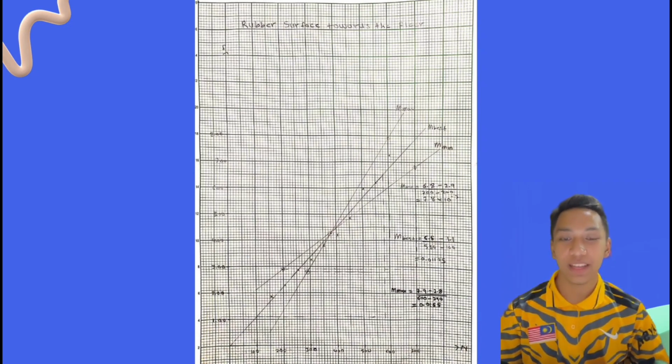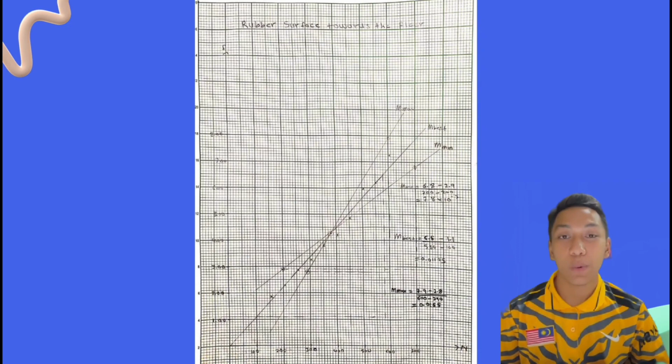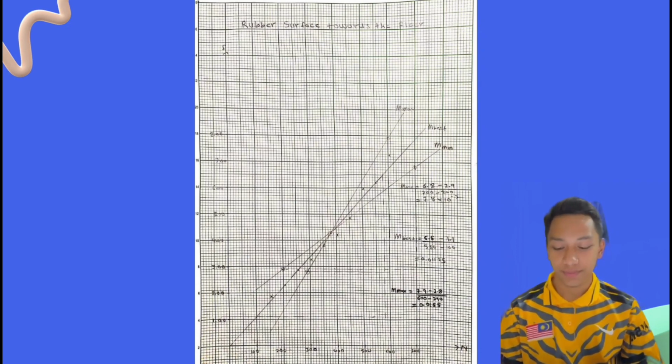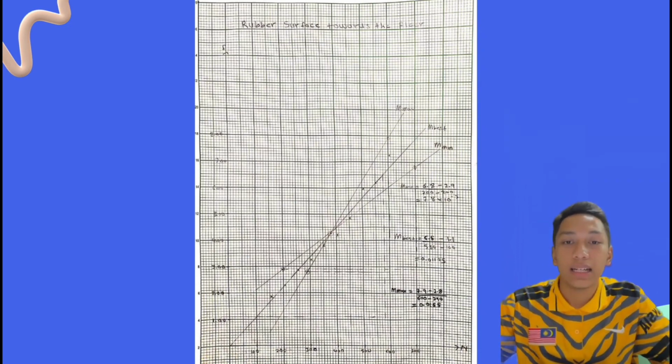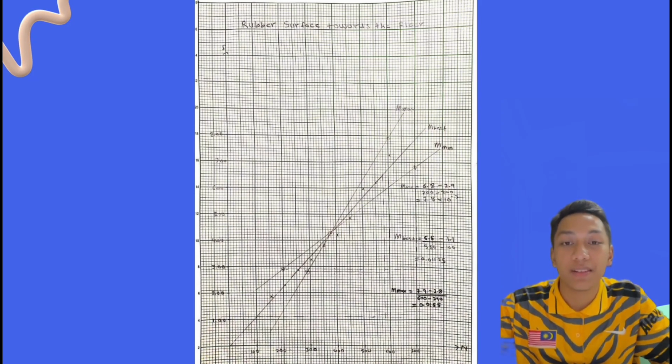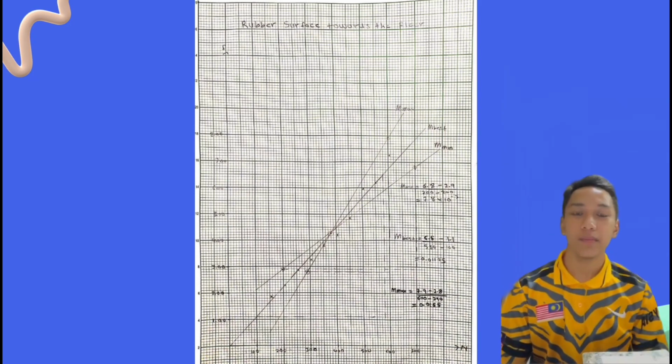Okay, now we are moving on to the second graph. The second graph is the rubber surface towards the floor graph. The x-axis represents the total weight in Newton, and the y-axis represents the average in Newton.